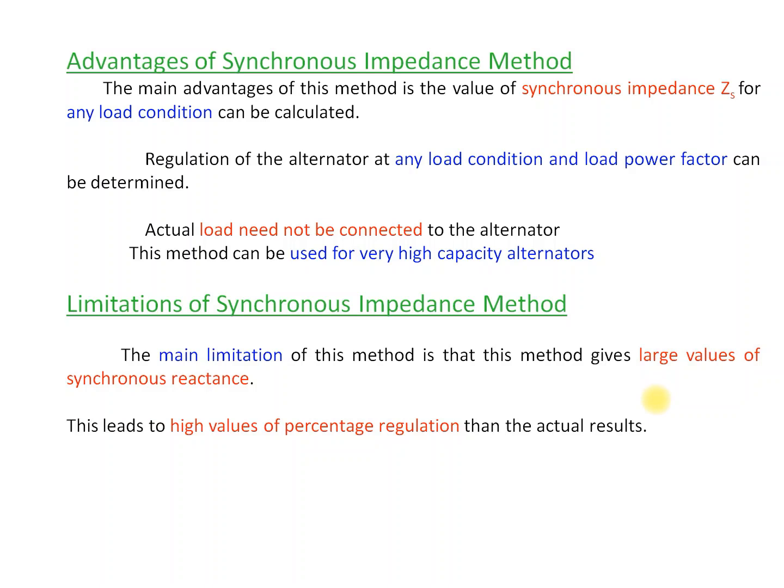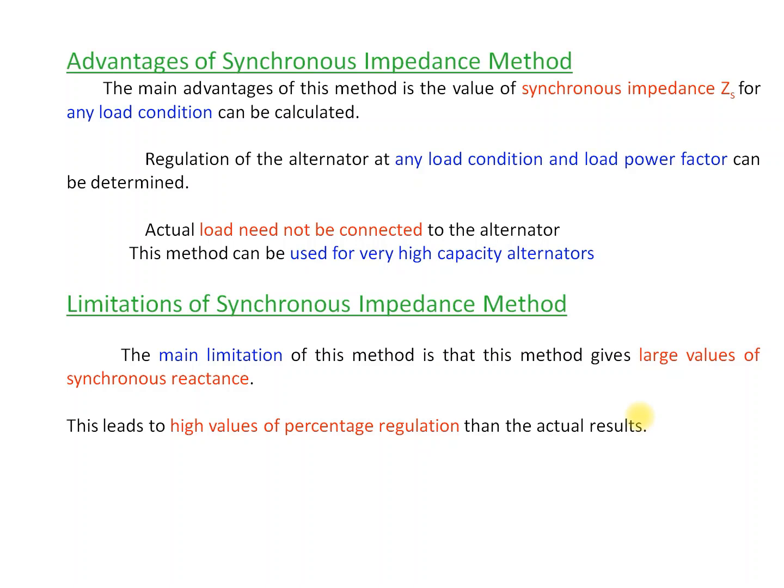But the main limitation of the synchronous impedance method is that we get a larger value of the synchronous reactance, so we get a larger value of the percentage regulation, which is not practically possible.